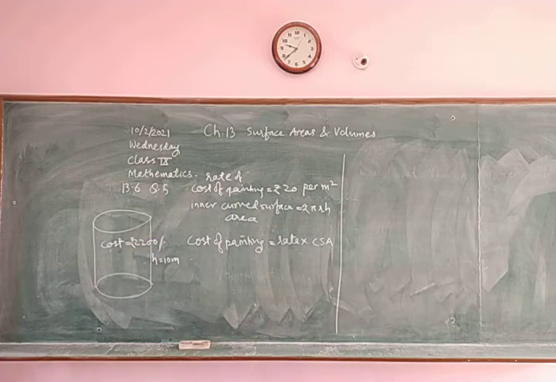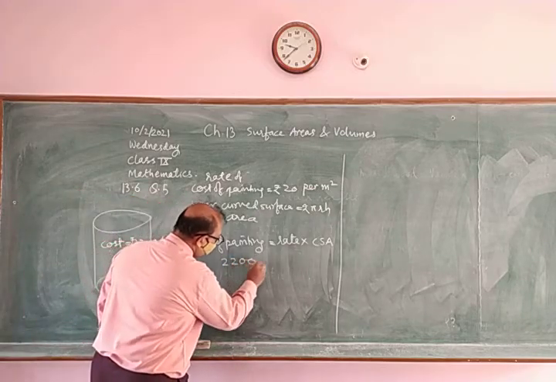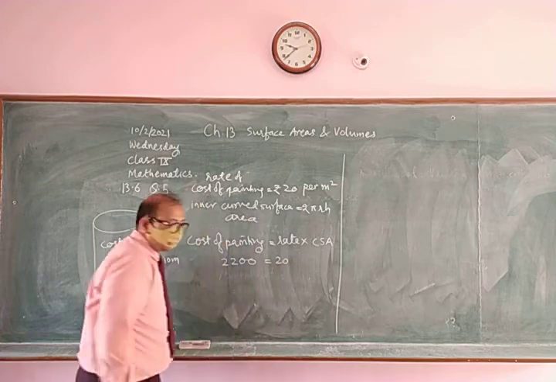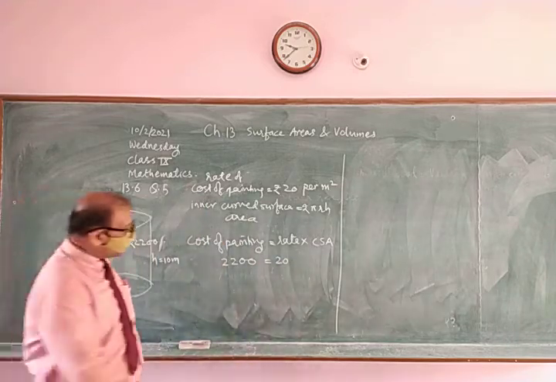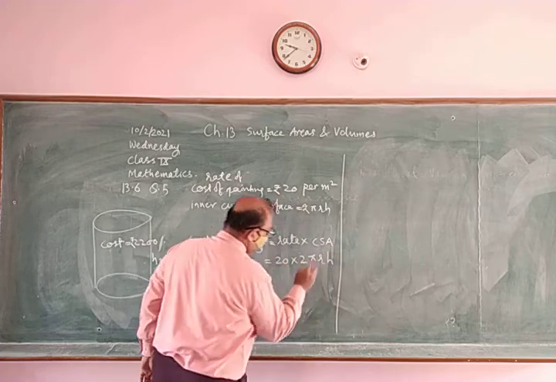Cost of painting is rupees 2200. Rate is 20. Curved surface area is 2 pi r h.